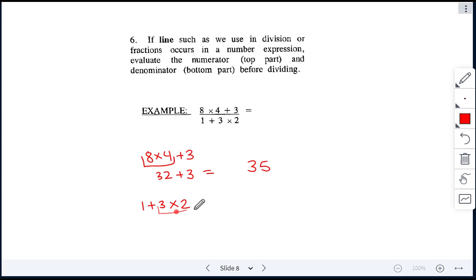So we have to do our multiplication first. So we get 1 plus 6, which is equal to 7. So we get 35 over 7 as our fraction. So you'd go ahead and reduce or divide because fractions are also division. So 35 over 7 is the same thing as 35 divided by 7, which gives me an answer of 5.